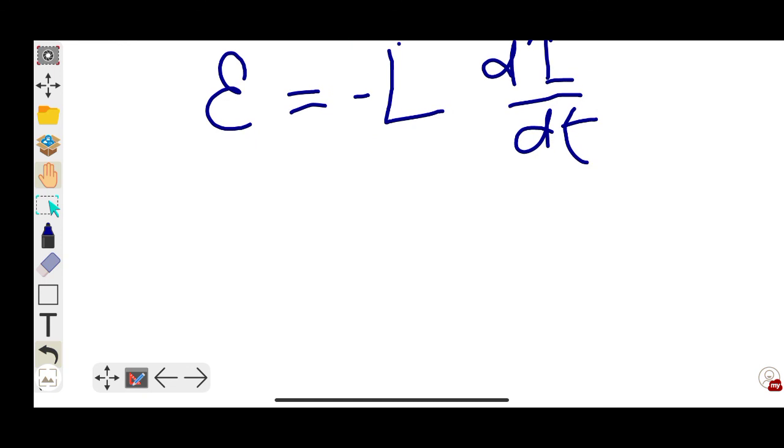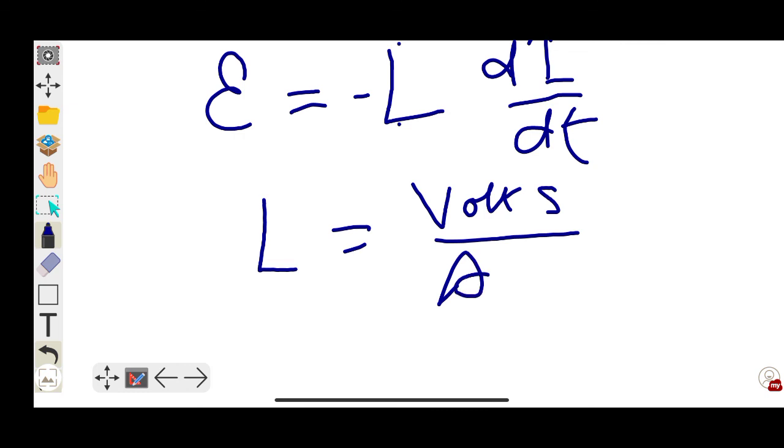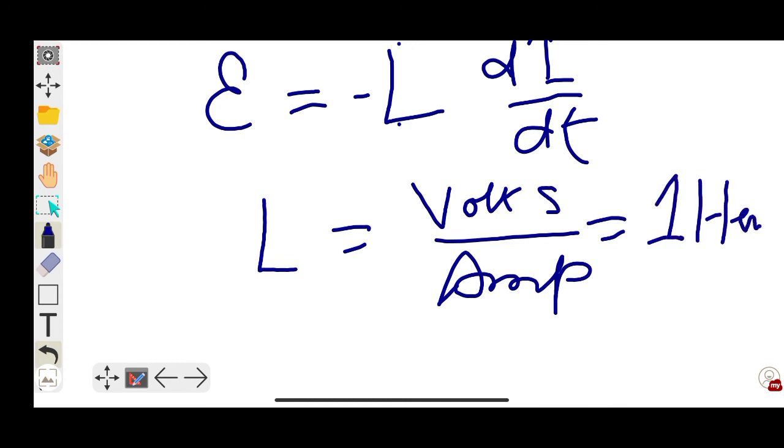The unit of L is volt second by ampere, and if all of them are 1, you call it 1 Henry, written as 1 H. That's a big unit of induction.